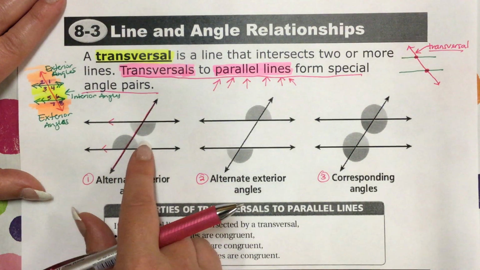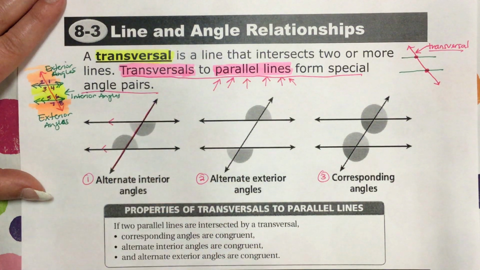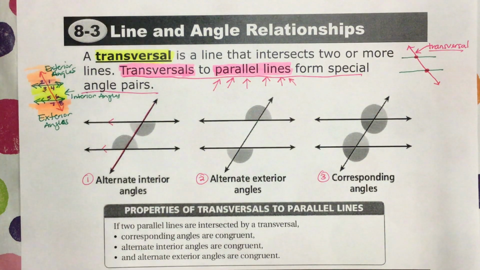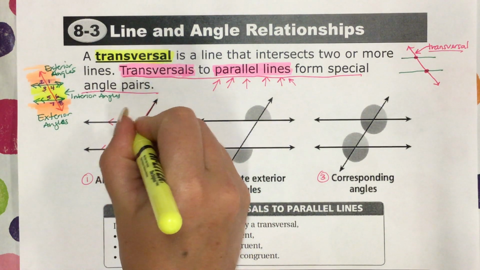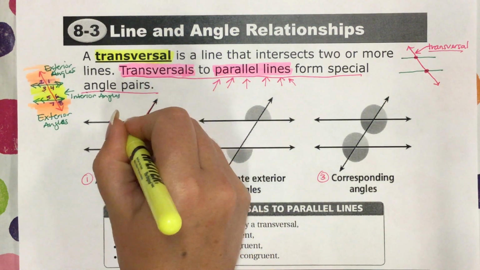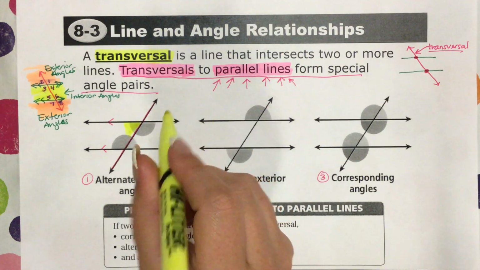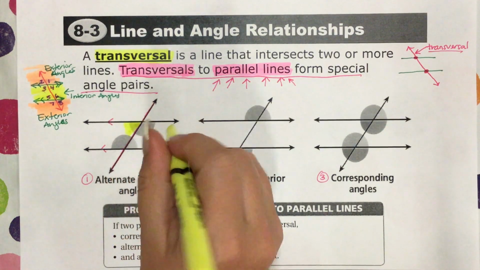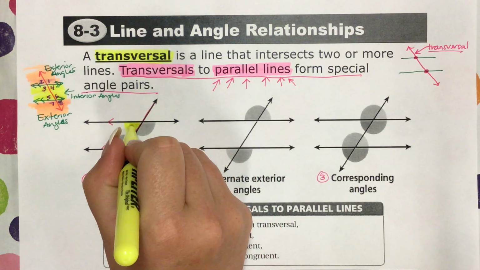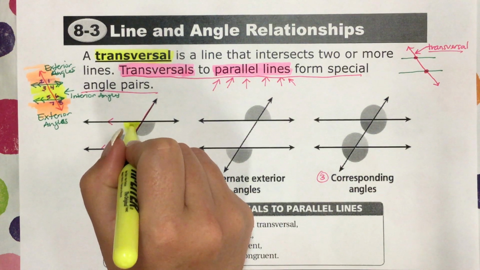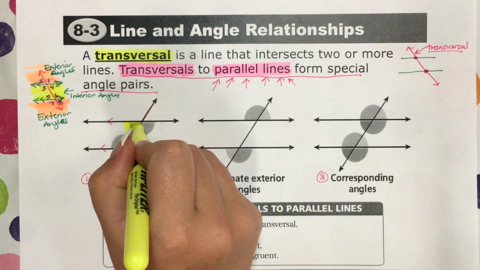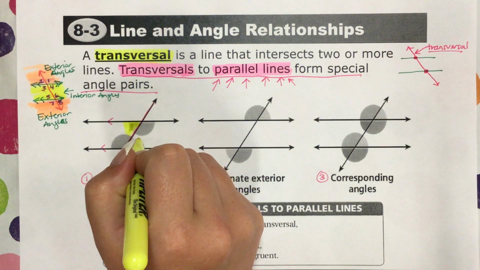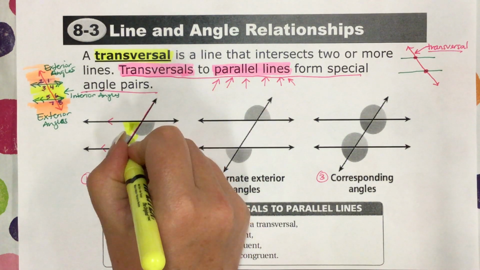Or if we have an angle here, the alternate side would be here, okay? So alternate interior angles would be this right here. This angle here, alternate interior. So it has to be inside the alternate interior angle. This is an interior angle. The other alternate would be on the other side of the transversal, would be right here.